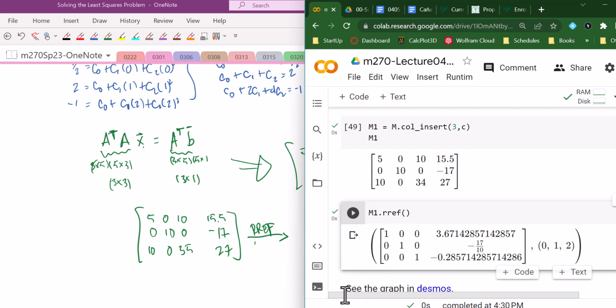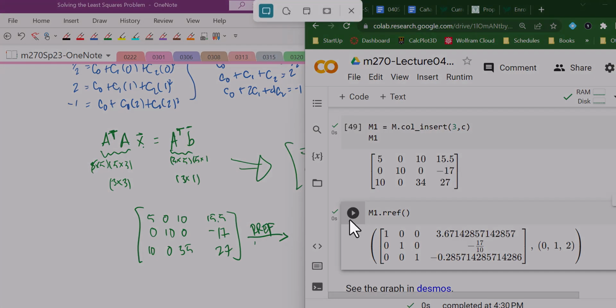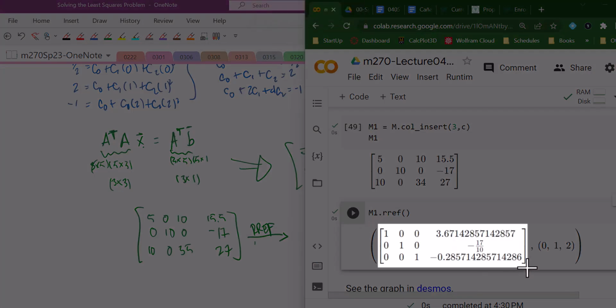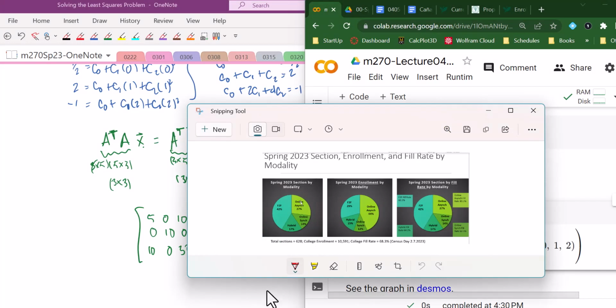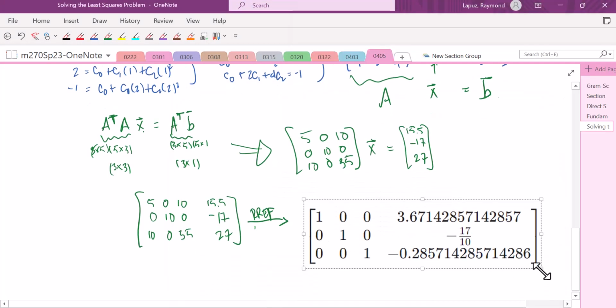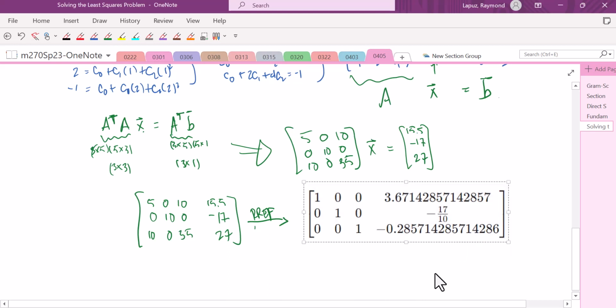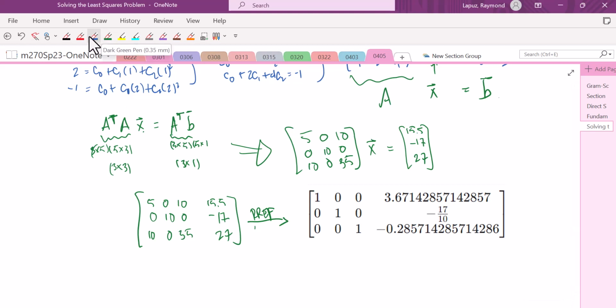I'll take that, doesn't matter. That's our result that we're interested in. So let's get that copied. And we have our values, our C0, C1, C2. This is C0, this is C1, and this is C2.